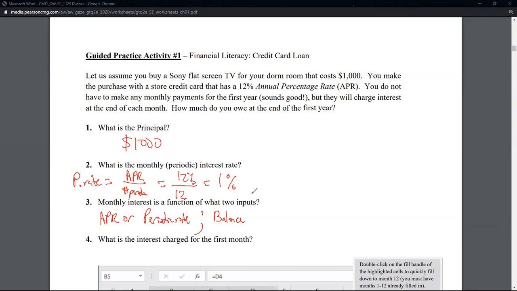And then what is the interest charge for the first month? So we're going to pay 1% of the balance for the first month. So we're going to take 1% of 1,000. Typically, percentages means you're taking that number and multiplying. And in those bolded formulas from earlier, which I'd have to clear my screen to show you, we said that the interest is the product of the periodic rate and the balance.